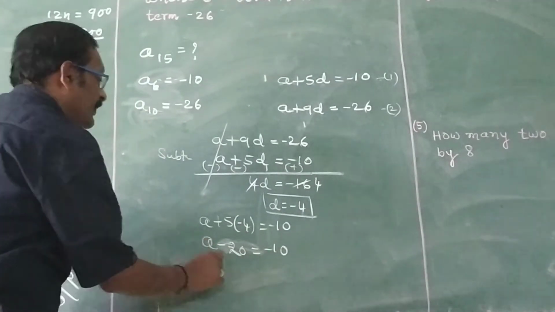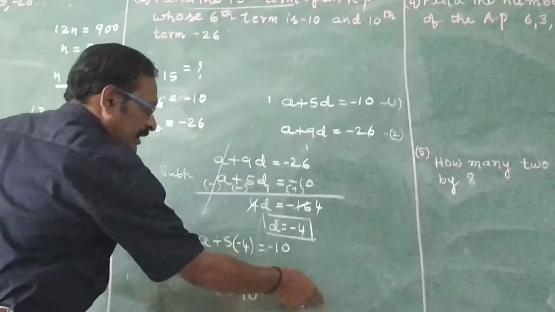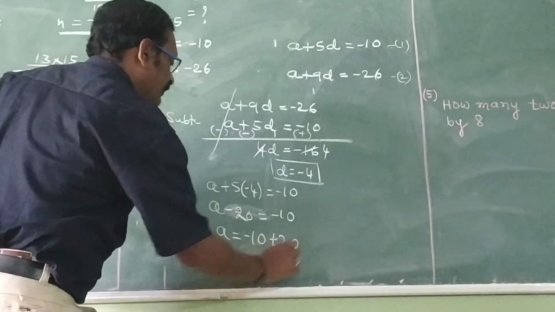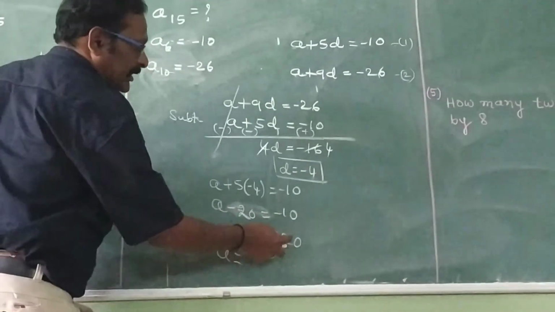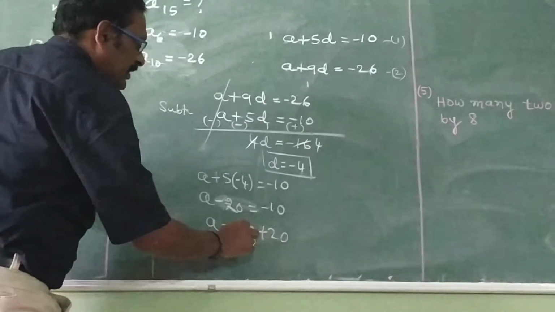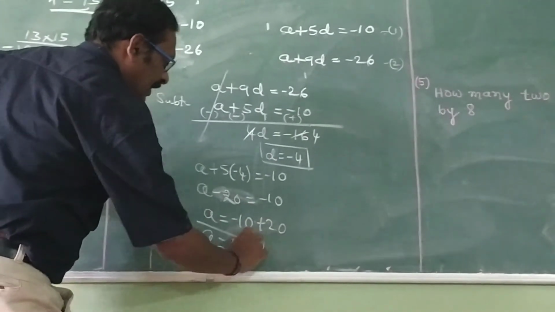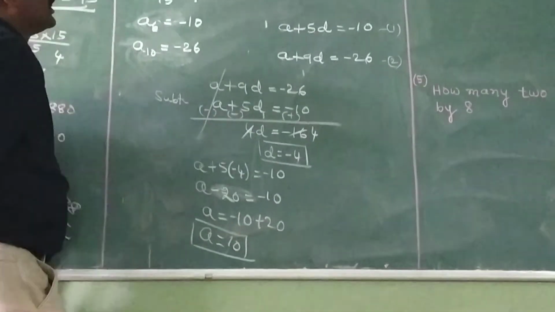I want the value of a. This minus 20 goes to that side as plus 20. Now simplify: we have opposite signs, so we subtract. 20 minus 10, we get 10. Now I know the values of the first term and also the common difference.